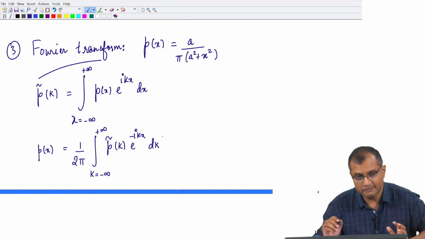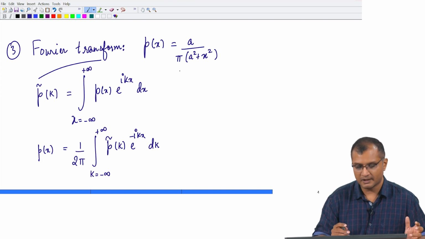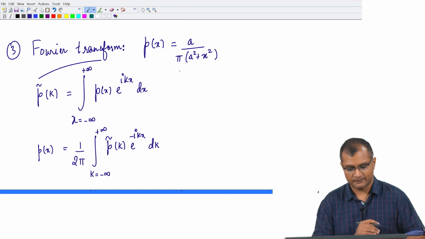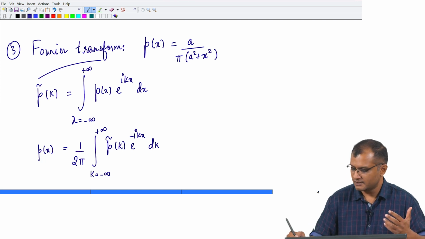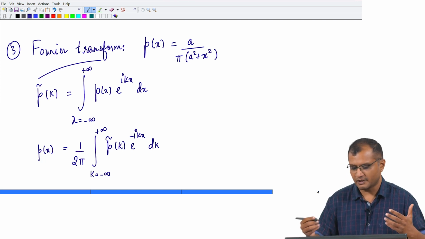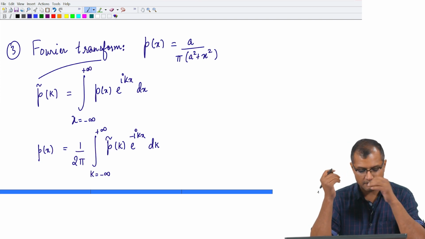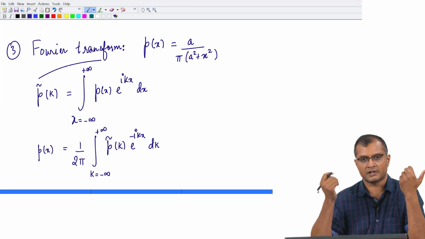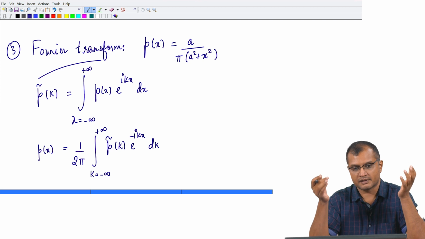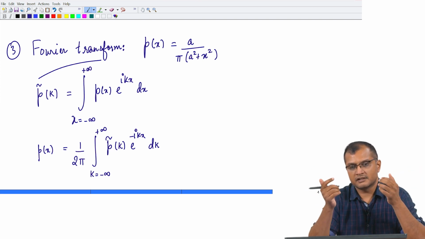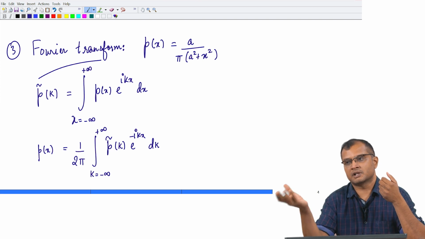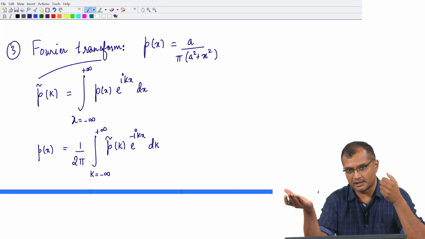So, all x giving me one k and all k giving me one x is the logic here, and usually, in fact almost always, the functions that we take for Fourier transforms are aperiodic functions, because Fourier transforms are derived from Fourier series in the limit when the function ceases to become periodic or fails to complete one cycle.